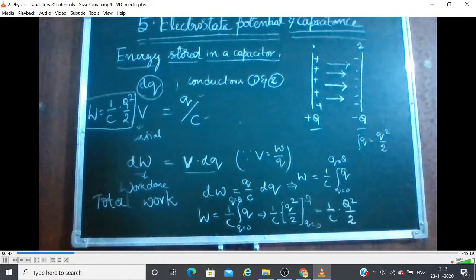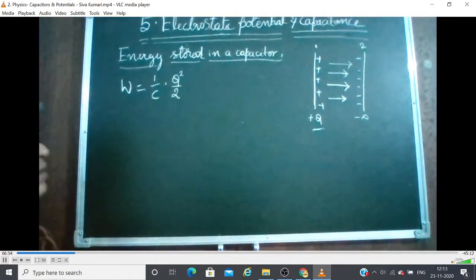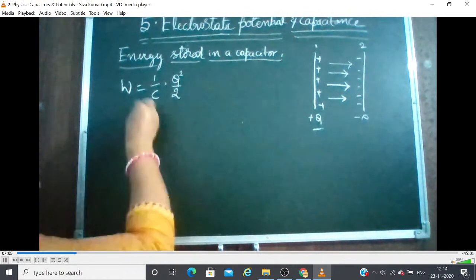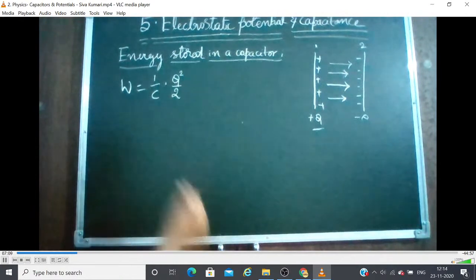And also we can substitute the formula of the capacitance. So this is the formula we have obtained for the total work done in bringing positive charge from the second conductor to the first conductor. W is equal to 1 by C into Q square by 2.